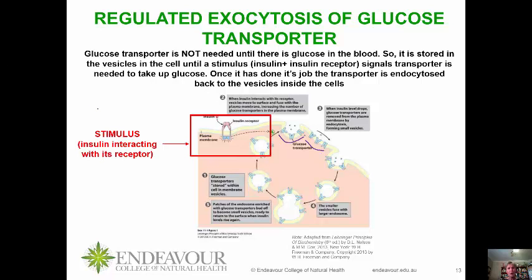So you've got heaps of glucose, lots and lots of glucose out in the blood. So this is the cell here, and this is the blood. What happens is, if there is an increase in glucose in the blood, it stimulates the release of a substance called insulin. And that insulin, which is just here, goes and attaches to an insulin receptor.